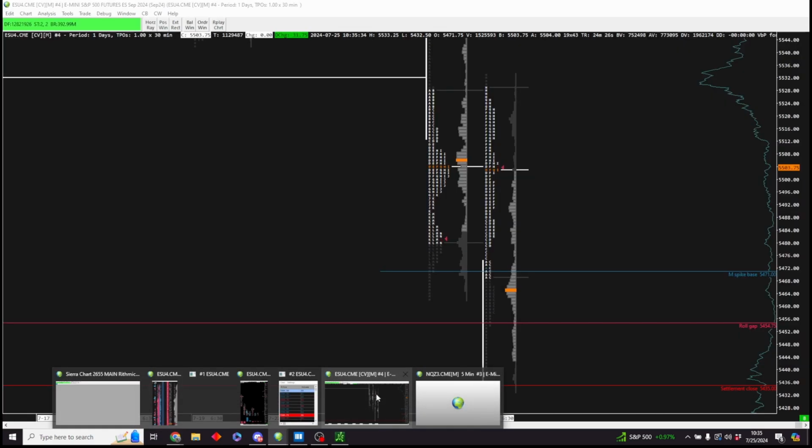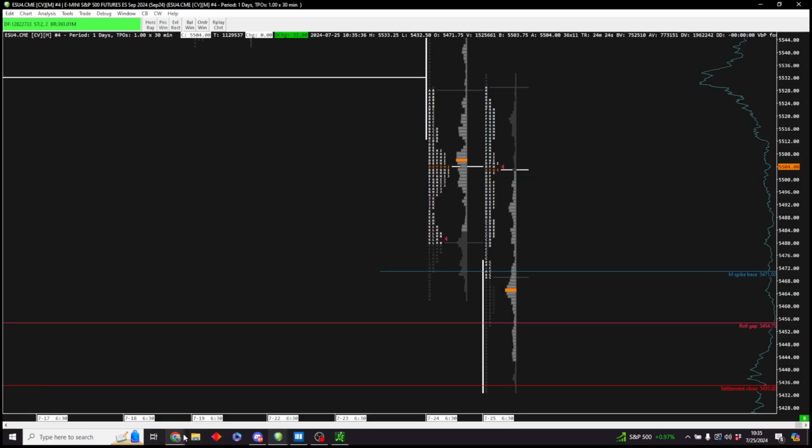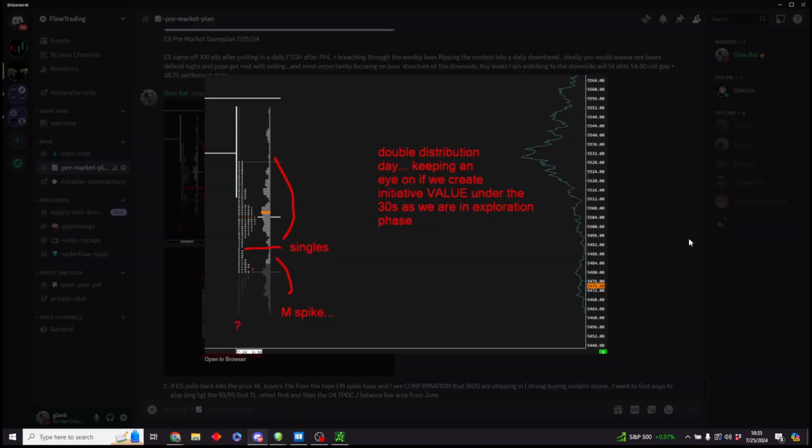So we were gapping. Let me go back here. We closed under this 30s balance area. You can look at this as balance. What I was really seeing was whether we can create initiative value under the 30s as we are in an exploration phase.